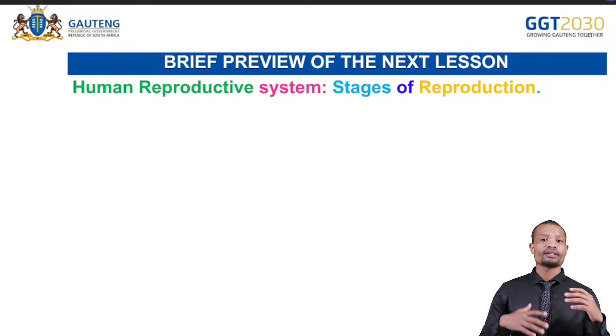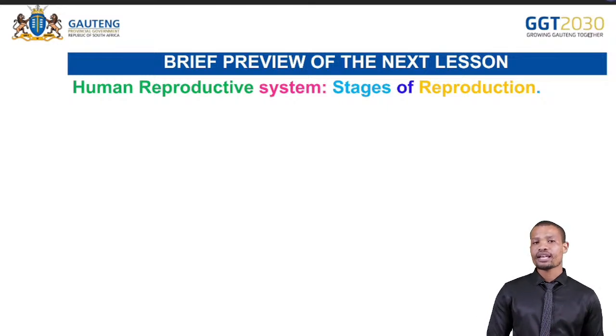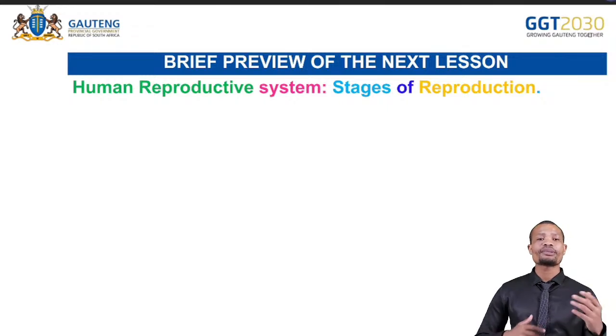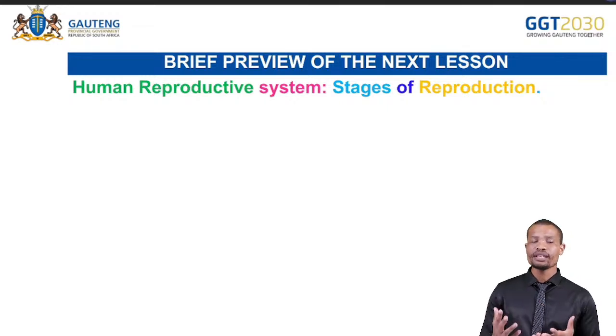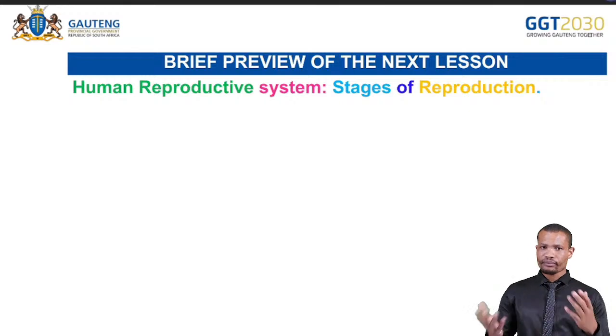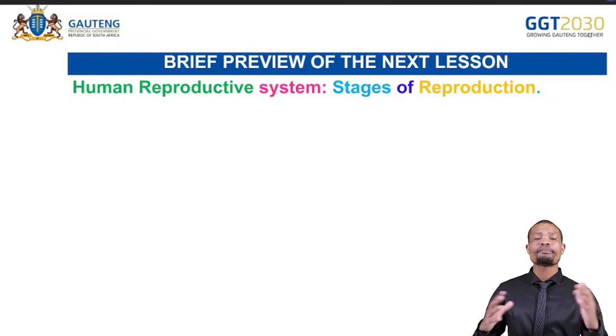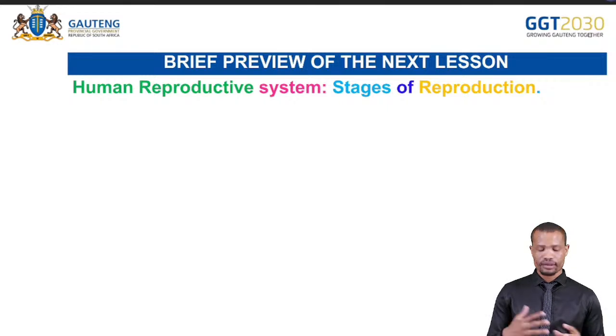The transition from the zygote into the embryo is when the cells are dividing and forming different parts of the body. And when it transitions from the embryo to fetus, that is when the baby is maturing into an actual human being inside of the female uterus.